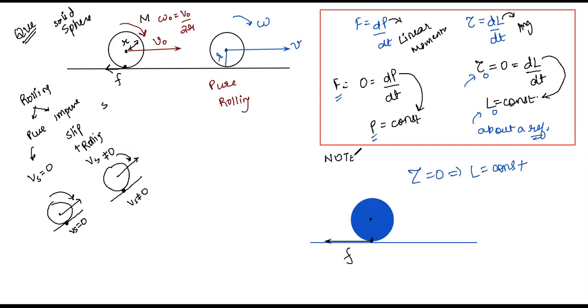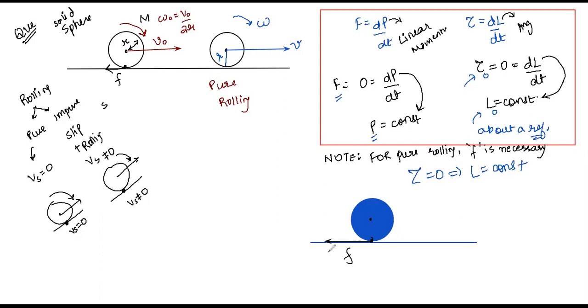Take this note again. For pure rolling, friction F is necessary. If F is not there, rolling cannot take place.